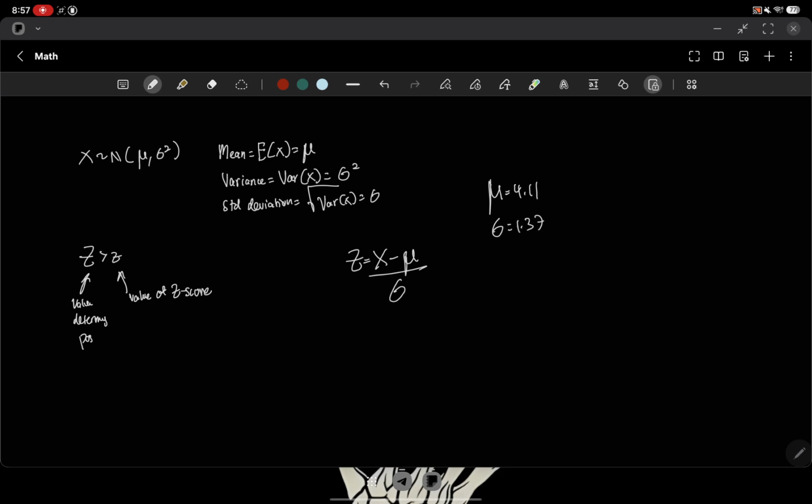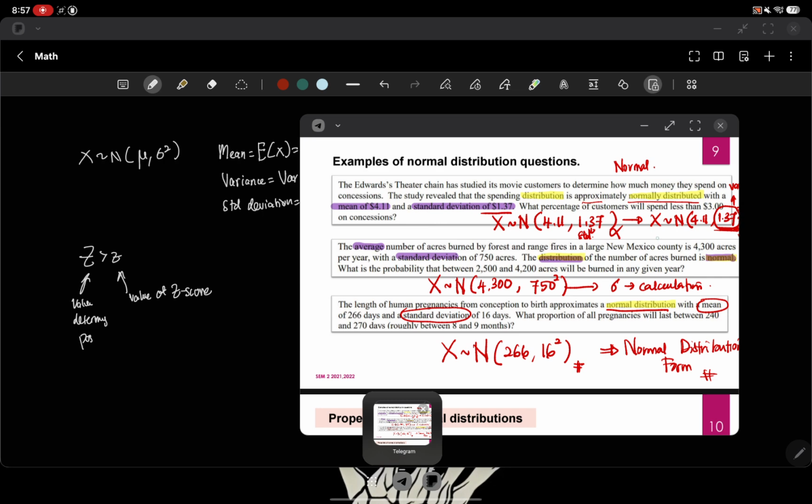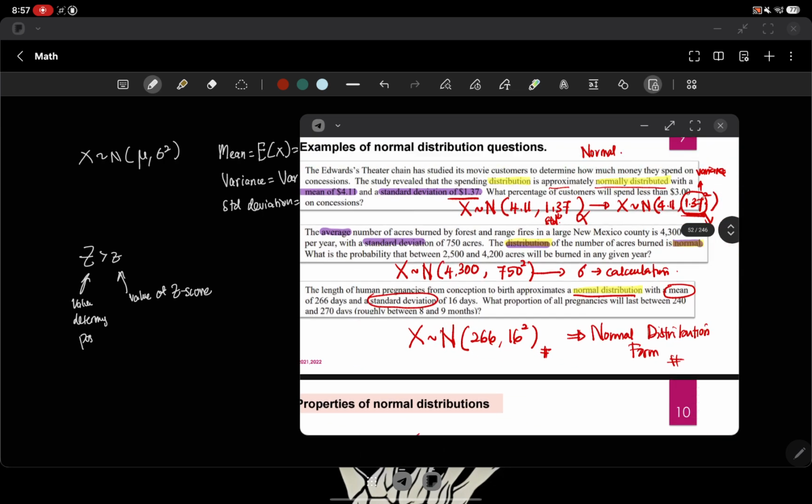But if you notice, the way we write it is equivalent to this. It's needed in variance, so 411 and the standard deviation to the power of 2. Sorry, it's not cubed, it's squared. So it's the same, you need the power of 2.